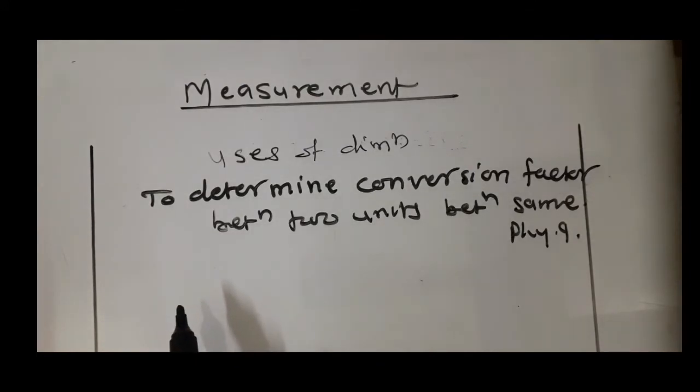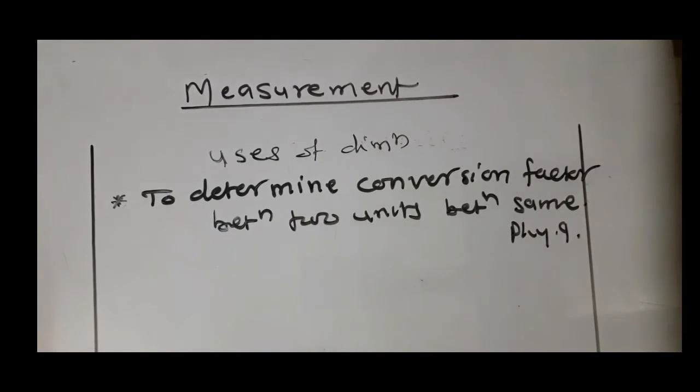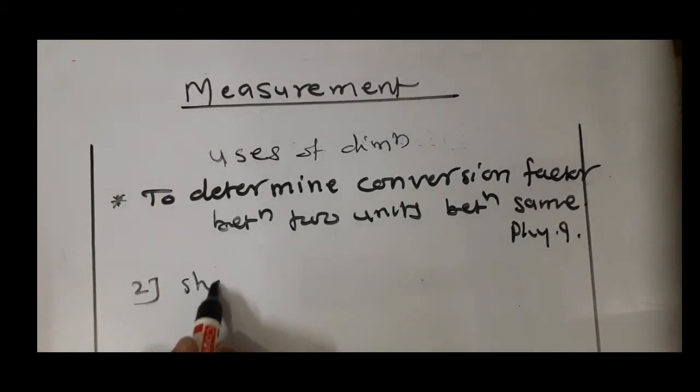The first application is to check the truthfulness of a given physical equation, like the kinematical equations V = U + AT, S = UT + 1/2 AT², or the third one, V² = U² + 2AS. But the very important one is to determine the conversion factor between two units of the same physical quantity. First example: 1 Newton = 10⁵ dyne.